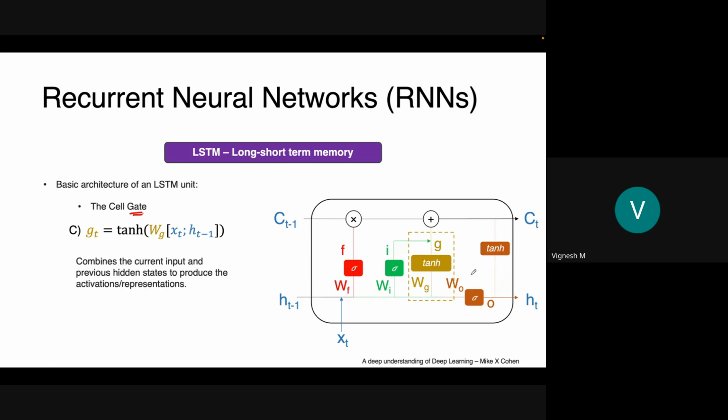This is not technically a gate, but it's more about activations or representations, because the values here will lie between -1 and 1 in this case. So you get a weighted combination of that and you pass it through. So this is where your input gate gets influenced. Your I gate influences this G, which then gets added onto your previous cell state.